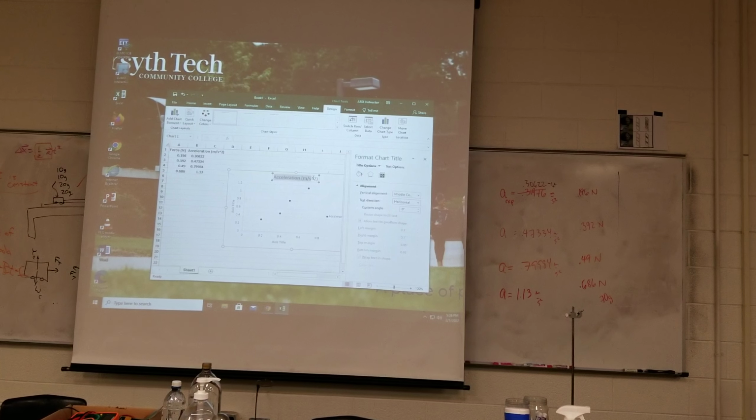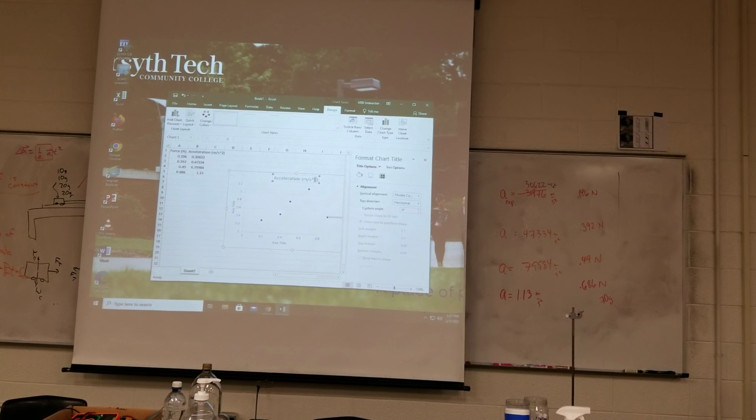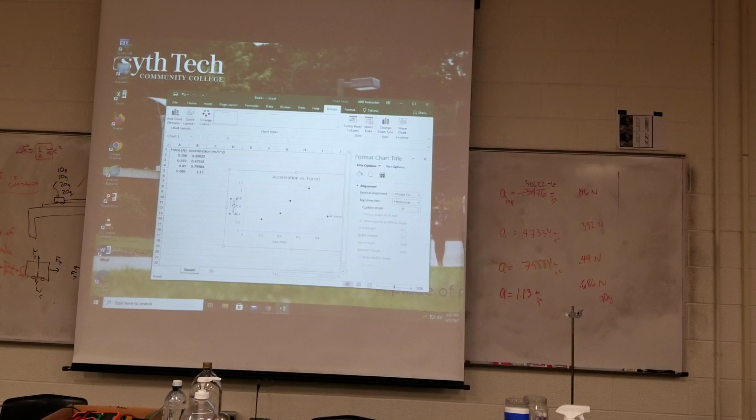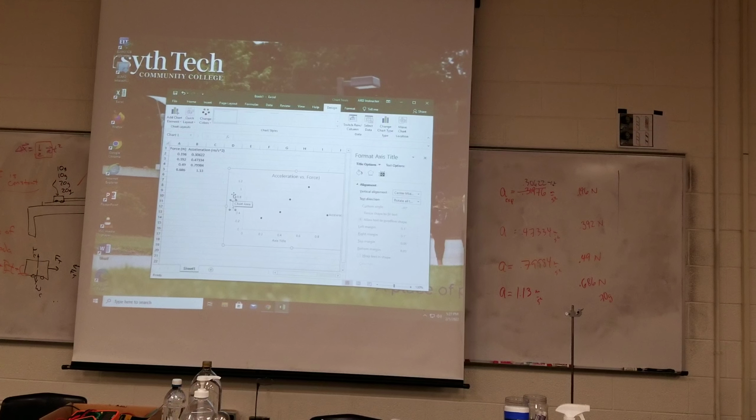I know right now this is not particularly important, but this is bugging me, so chalk it up to my obsession sometimes. Acceleration versus force. This is acceleration.